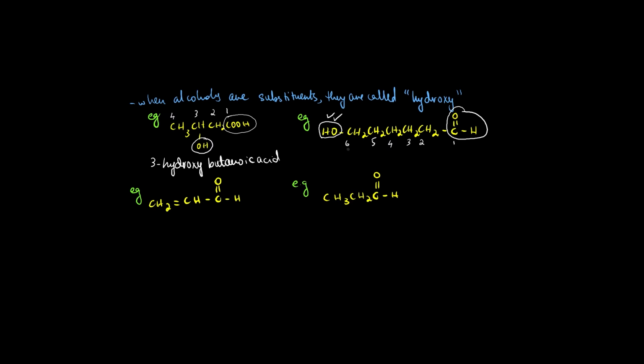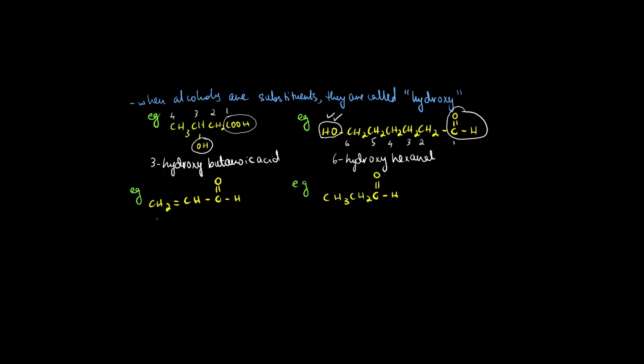Now it is a 6-carbon aldehyde. So on the 6th carbon we have the alcohol substituent. So let's name this. The name of this compound is 6-hydroxyhexanal. Why 6-hydroxy? Because the sixth carbon of the carbon chain has the alcohol group on it, so therefore it is a substituent and it has the name hydroxy. Hexanal, because it is a 6-carbon aldehyde.